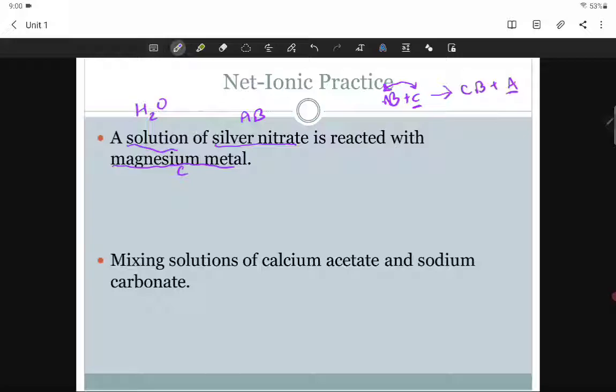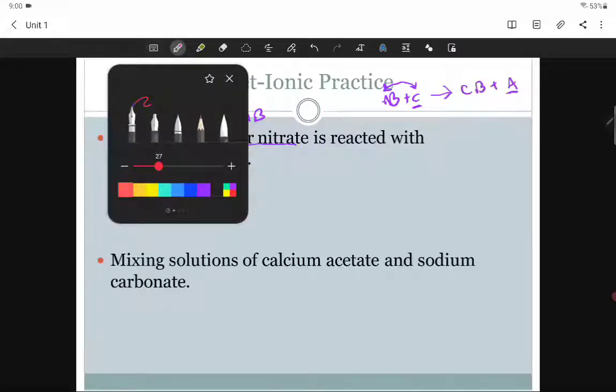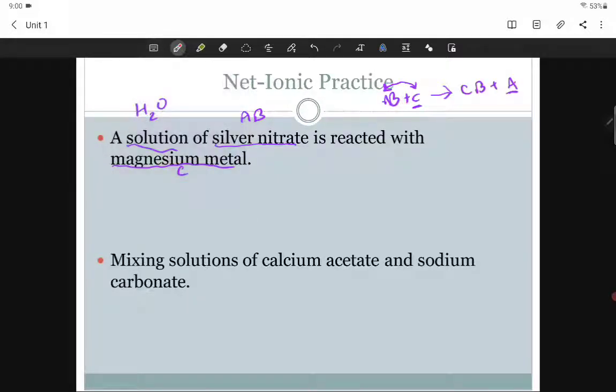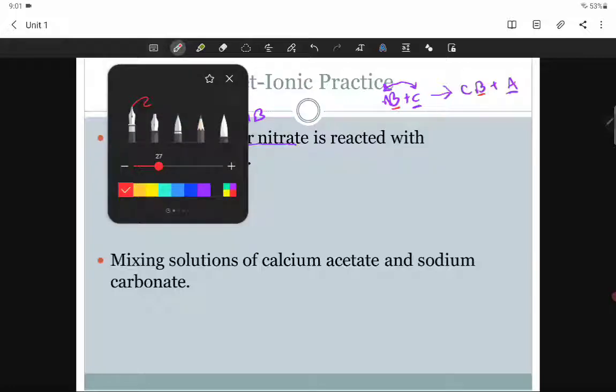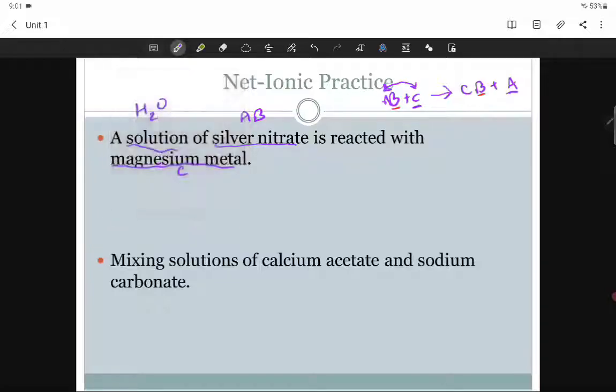What didn't change is the B part, and the B part was, in this case, nitrate. It was something nitrate to start with, and it was something nitrate to finish with. So nitrate is going to be a spectator ion, and we'll figure out how that works in a second.